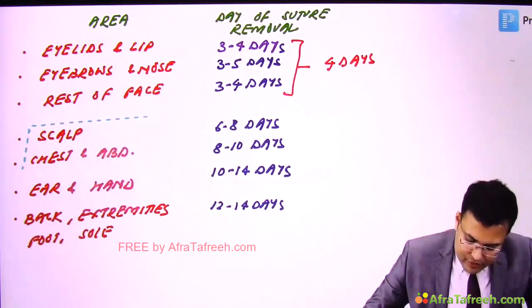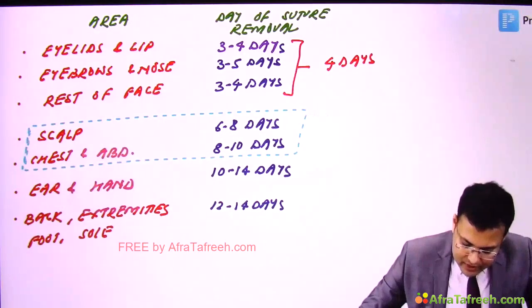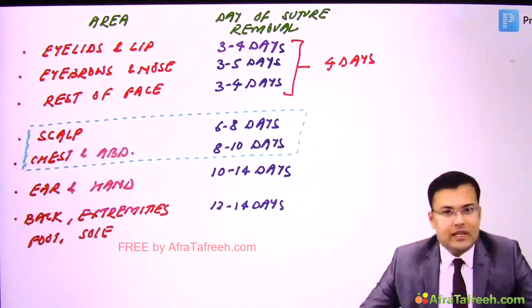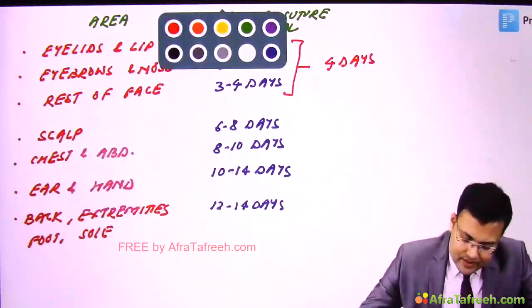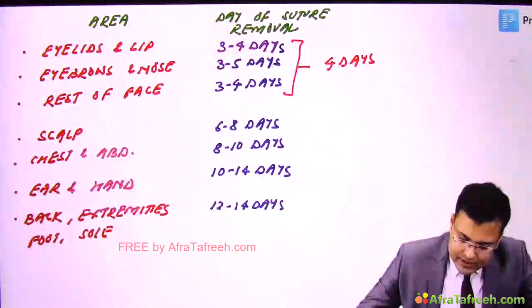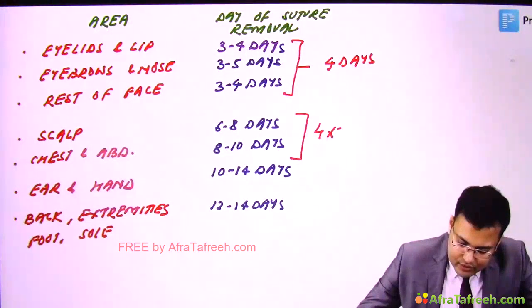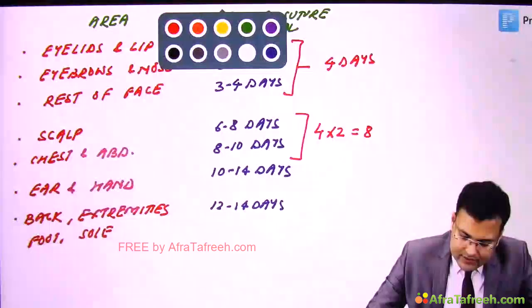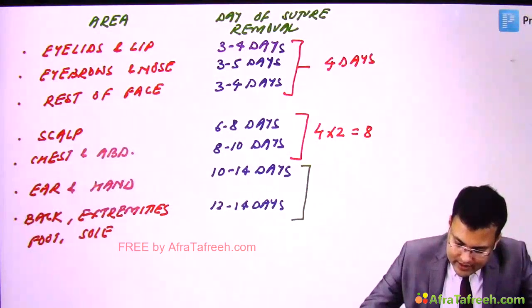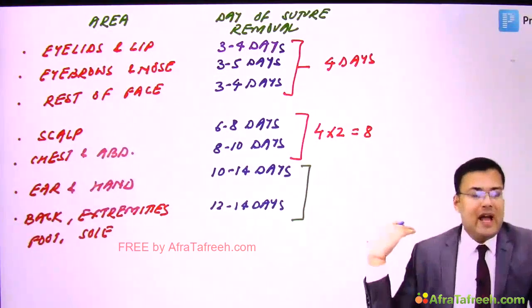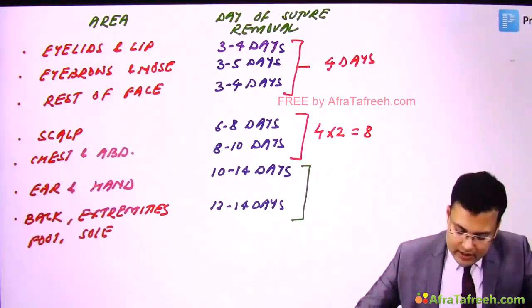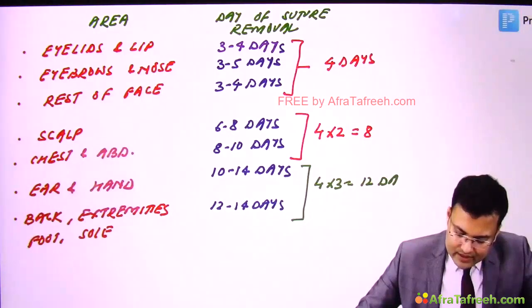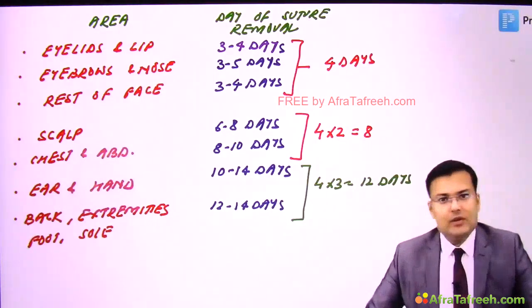So how to remember? 4 into 2. So in scalp, chest and abdomen it is 4 into 2, 8 days. Clear? And in rest of the regions, can you see? In ear, hand, back, extremities, foot and sole, it is 4 into 3, that is 12 days. Clear? So this is the easiest way to remember.